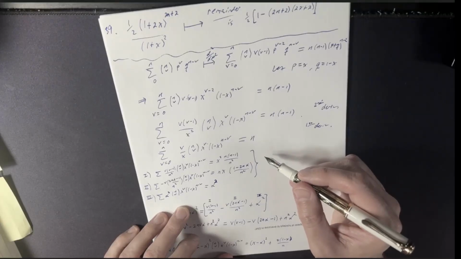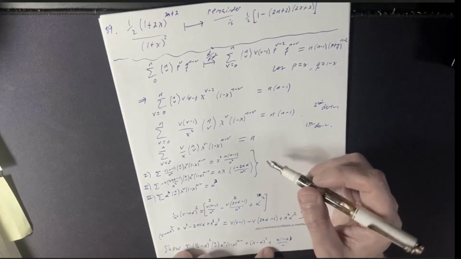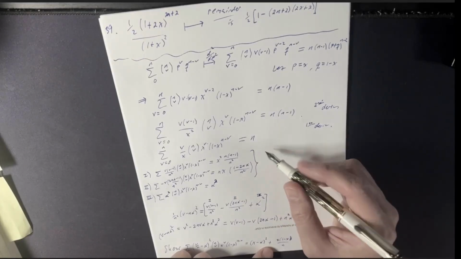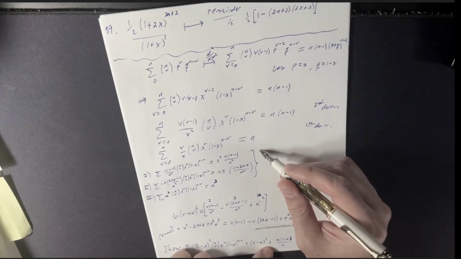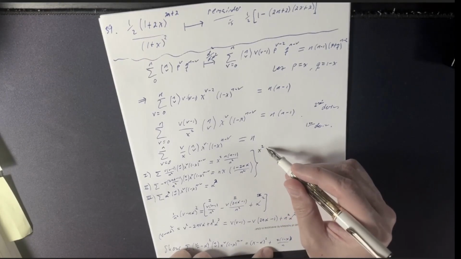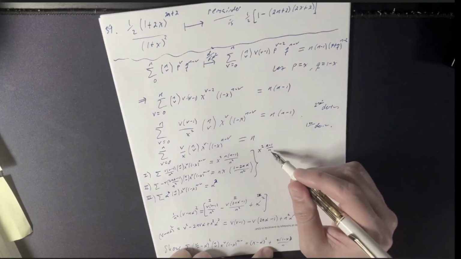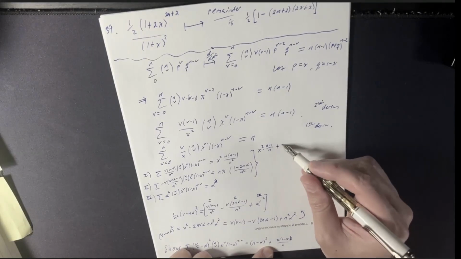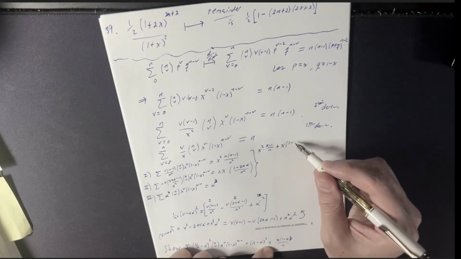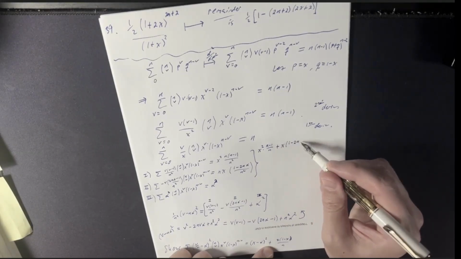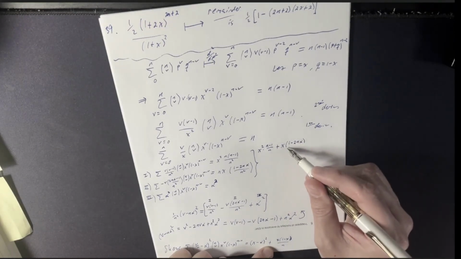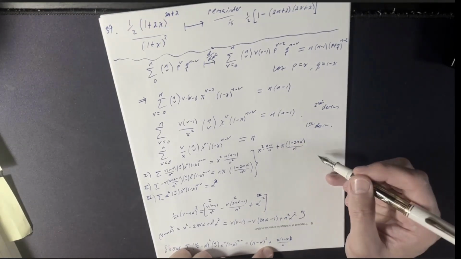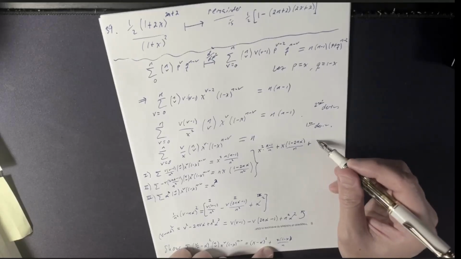Yeah, I don't know. He must be doing a little bit more trickery, huh? I'm getting x squared n minus 1 over n. I'm getting x times 1 minus 2n alpha over n. And I'm getting alpha squared.